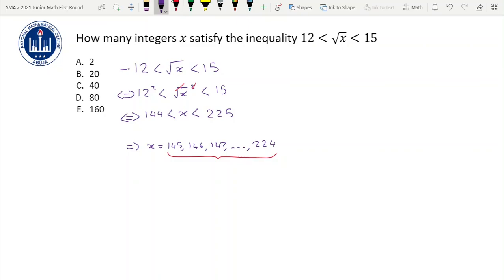Okay, to do this, we're going to go about it this way. If we look at the numbers 1, 2, 3 up to 224, there are 224 numbers here. Then if we look at the numbers 1, 2 up to 144, there are 144 numbers here. But then the 144 numbers here are also here.